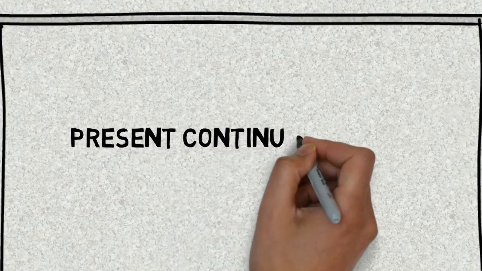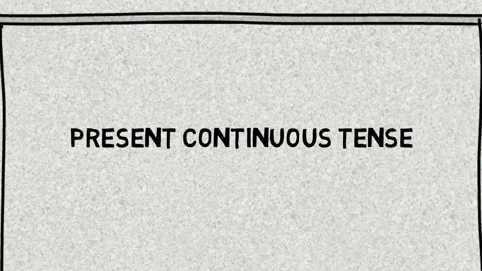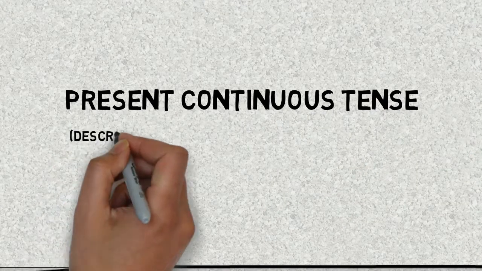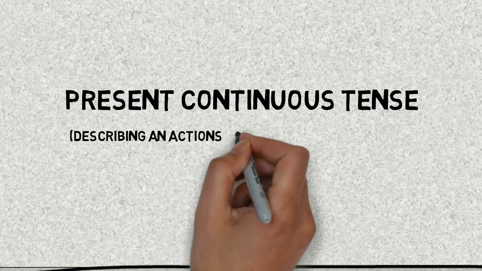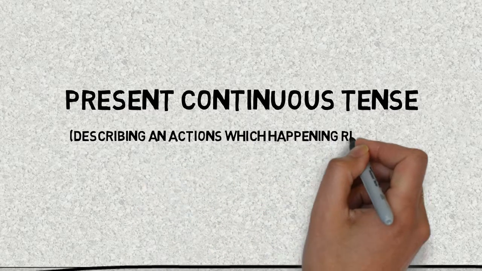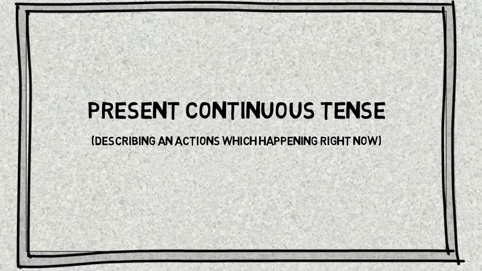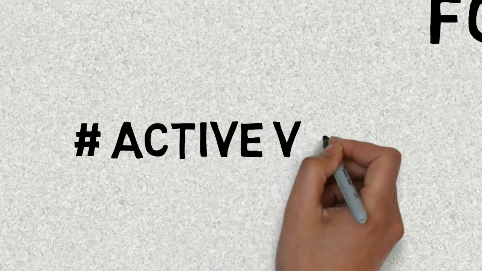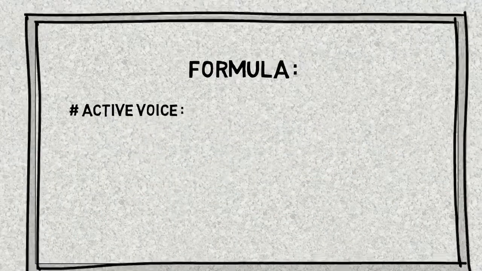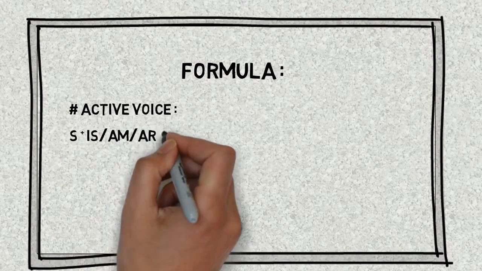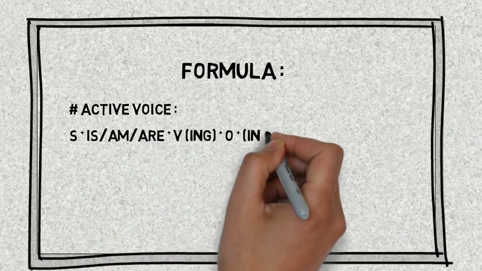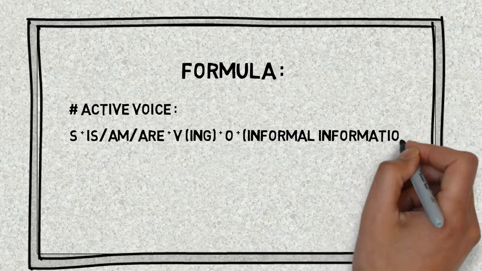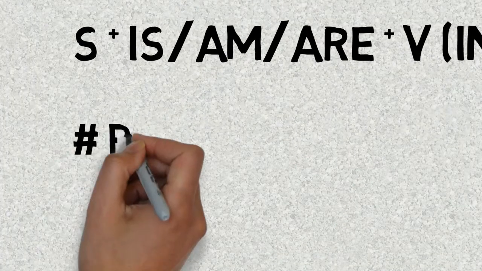Present continuous tense. This tense is used for describing an action which is happening right now. The formula for the present continuous tense for the active voice is subject plus is or am or are plus verb ing plus object plus informal information.